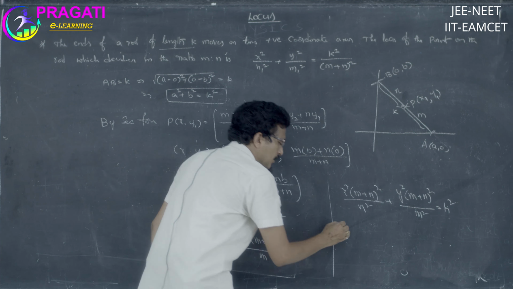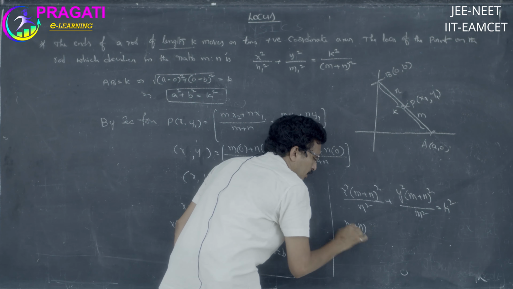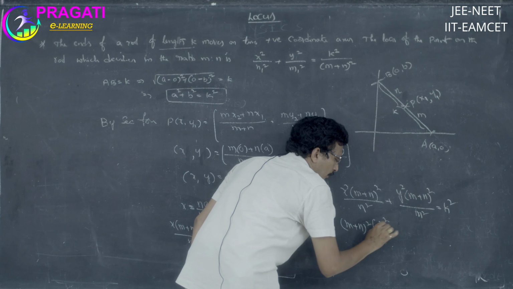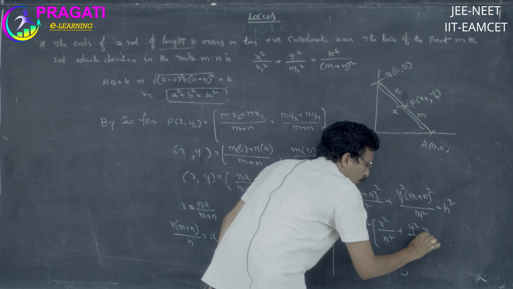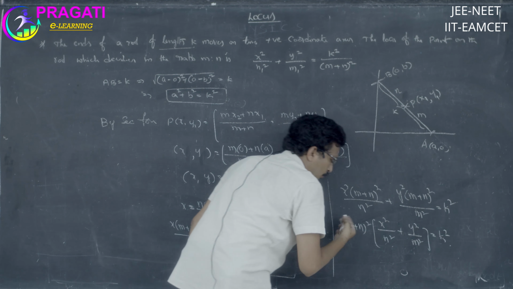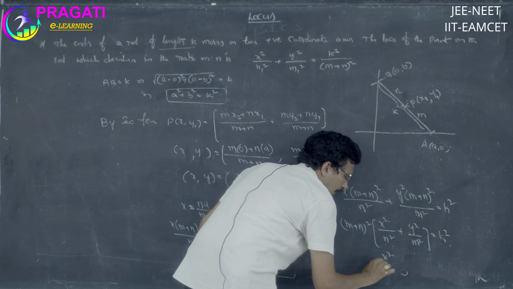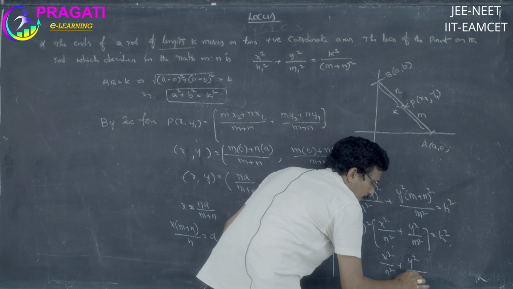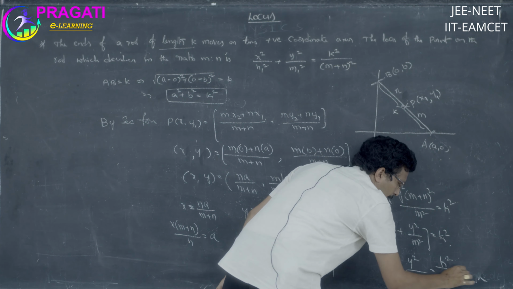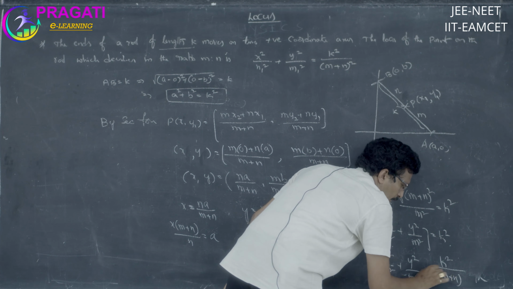Taking it common, (m plus n) whole square into (x square by n square plus y square by m square) is equal to k square. Writing that side, x square by n square plus y square by m square is equal to k square by (m plus n) whole square.